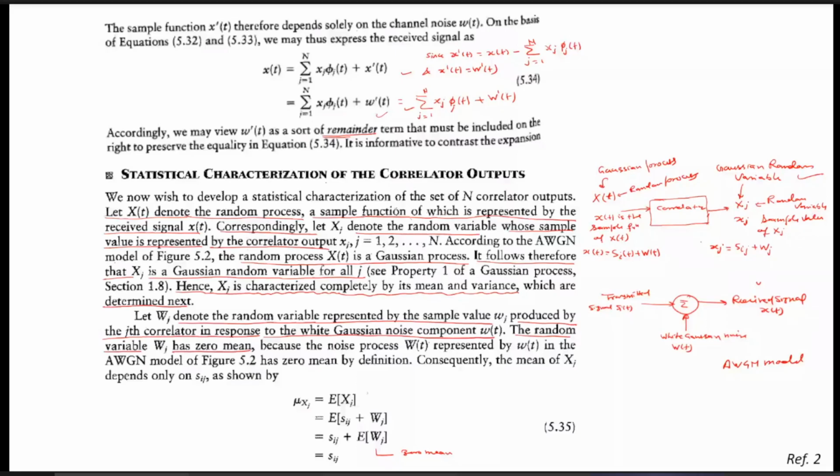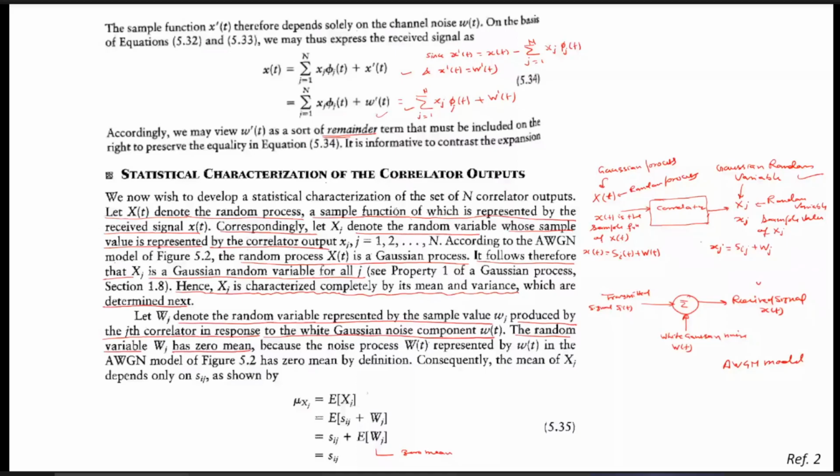We want to calculate the mean and variance of x j so that we can define the conditional probability density function, and corresponding to that we can define the observations vector x, which will be close to the transmitted symbol m i, so that the minimum probability of error can occur.